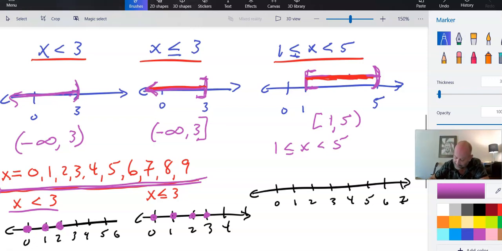That's why we're reusing it. Let's see which things fall between 1 and 5, and the 1 is inclusive, meaning that 1 is a solution as well. So 0 doesn't work, 1 works, so I'll mark that. 2 works, 3 works, 4 works, 5 is not less than 5. 5 is equal to 5, so I can't mark 5. It's just the 4. And so that graph ends up looking like this.